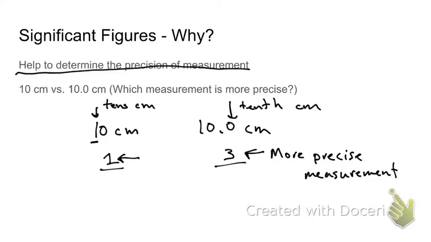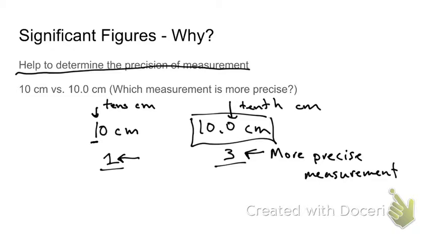So their ruler only goes to tens of centimeters. The ruler can only show 10, 20, 30, 40 centimeters at each notch, whereas this can go 0.1 centimeters, 0.2 centimeters. So then we know that it's not that it's more reliable, it's just more precise, right?